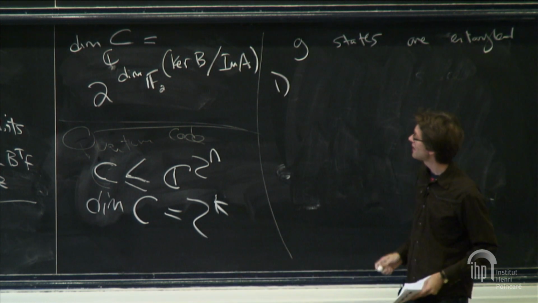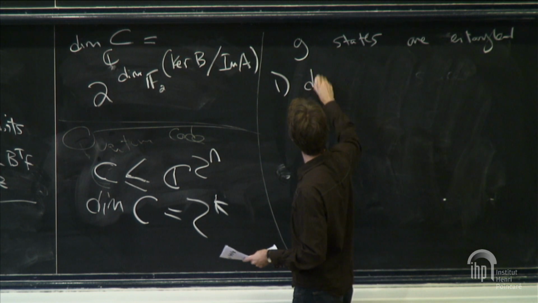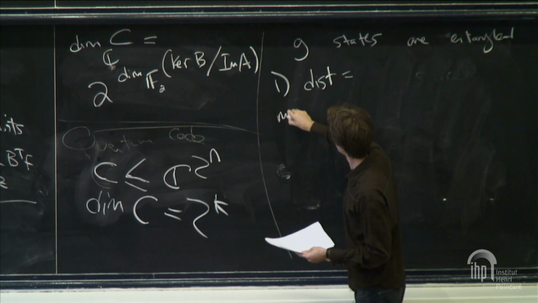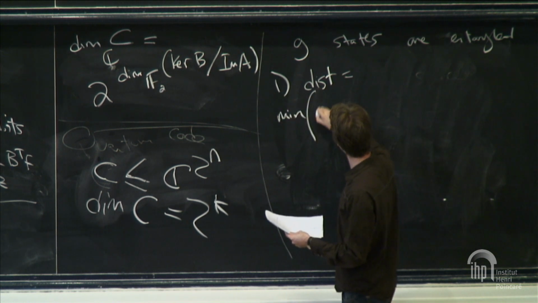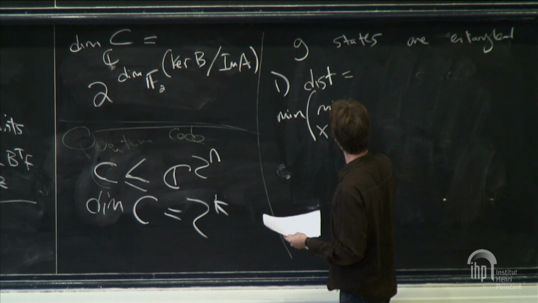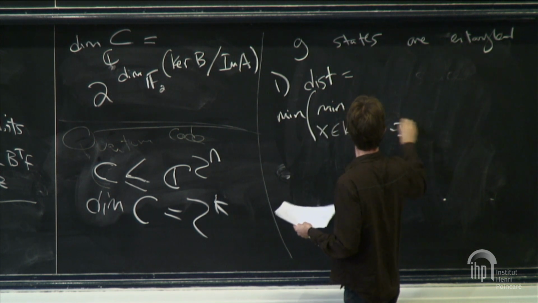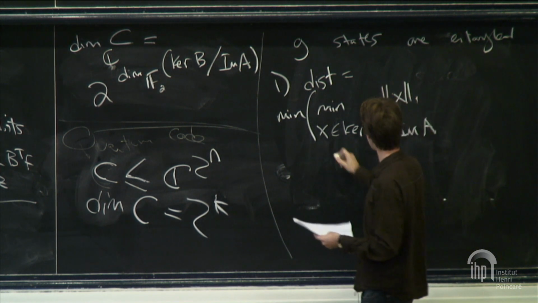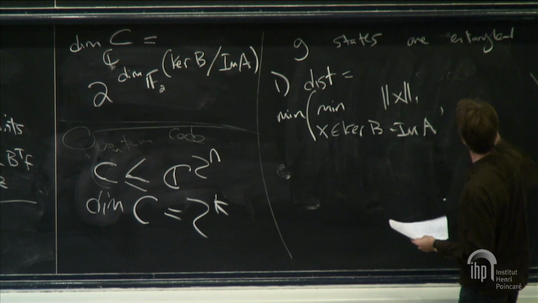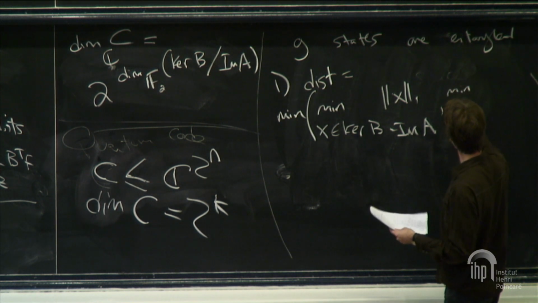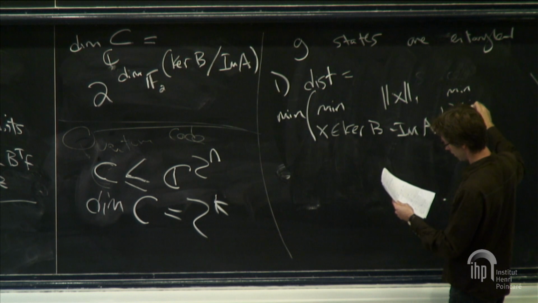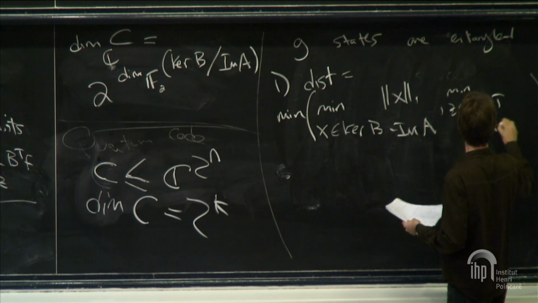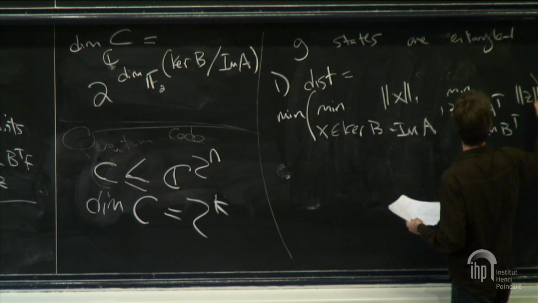I have not formally defined distance, and I realize that, but let me just say the distance of these homology codes is the minimum over x in the kernel of B minus the image of A, of the norm of x, or a similar term, z in the kernel of A transpose minus the image of B transpose, norm of z.